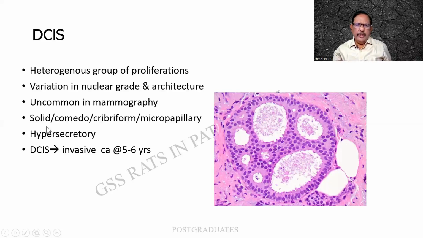It can be solid, comedo, cribriform, micropapillary, etc. So there are various patterns which are possible. Hypersecretory is one. The ductal carcinoma in situ can become an invasive carcinoma after a period of about 5 to 6 years.